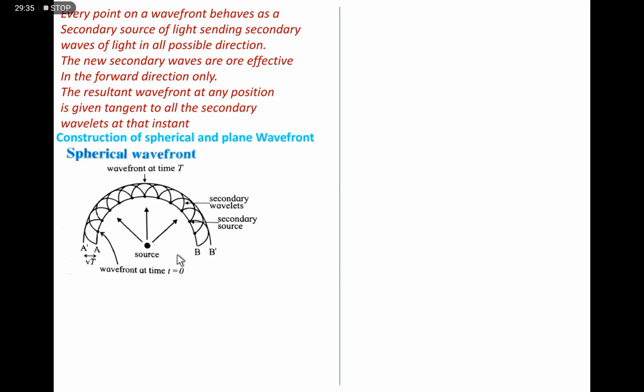Part of the spherical wavefront is here, and this wavefront, AB, is a primary wavefront. How the secondary wavefront is produced, we'll learn over here.